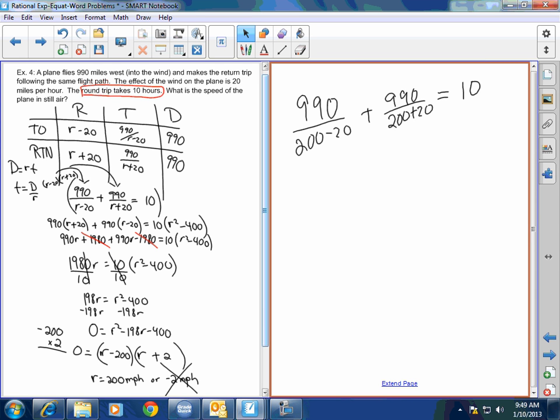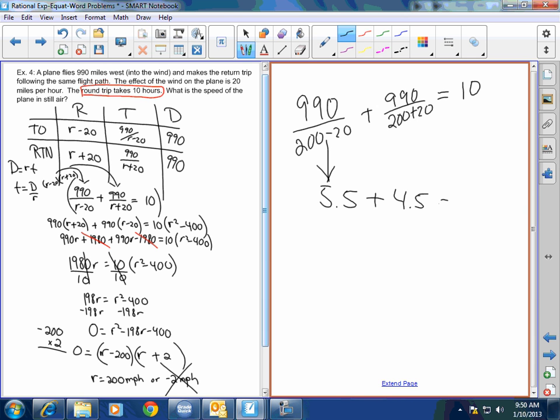Because when you go 990 divided by 180, that's going to equal 5.5. And when I go 990 divided by 220, that's going to equal 4.5, which equals 10 hours. So everything checked out and everything worked. Does that make sense? Yes? Okay. Give me 1 second now.